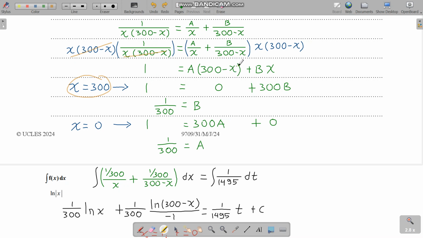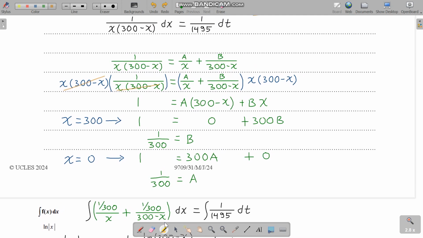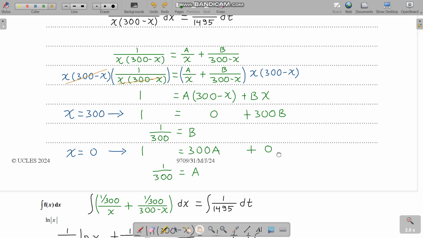On the right, the first term becomes 0, and we get the value of B. To find A, just plug in x equals 0, because the second term becomes 0, and we get the value of A. Now we replace the left-hand side with 1 over 300 times 1 over x plus 1 over 300 times 1 over (300 minus x).